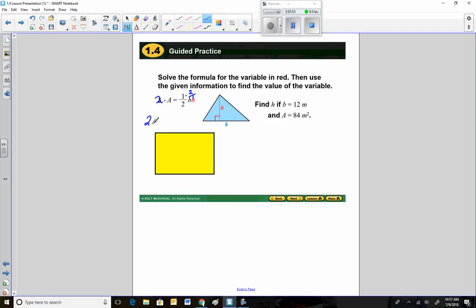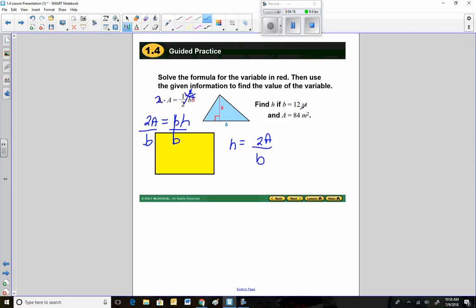So I get 2A equals BH. Now, I still need to get the H all by itself. B times H. How do you undo the multiplication? Division. We divide both sides by B, and we get H equals 2A over B.